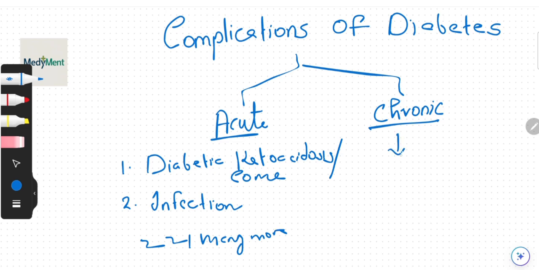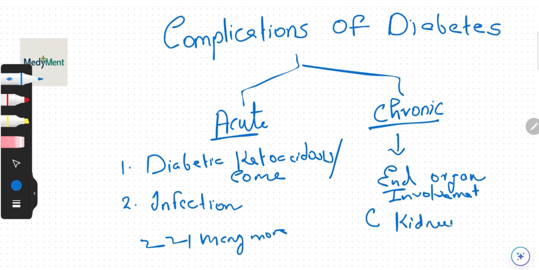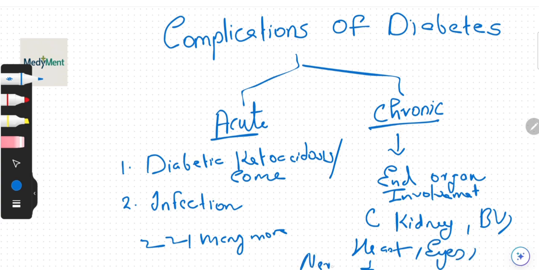But for chronic cases, it could be end organ involvement, which involves the organ systems such as kidney, blood vessels, heart, eyes, even the nerves.